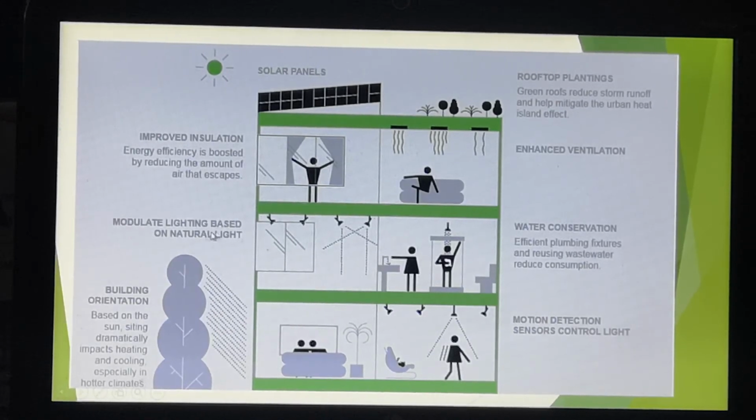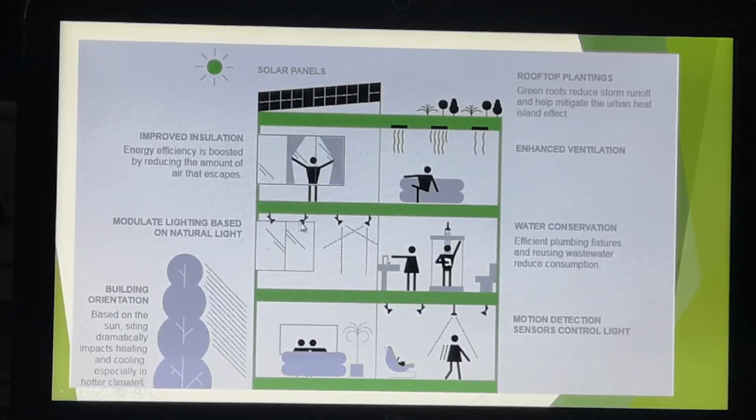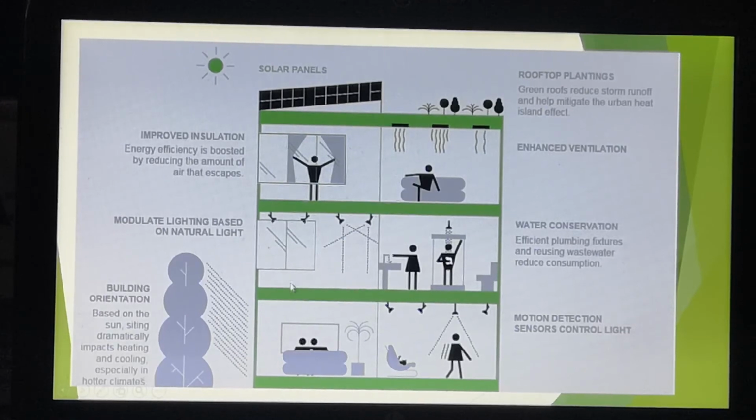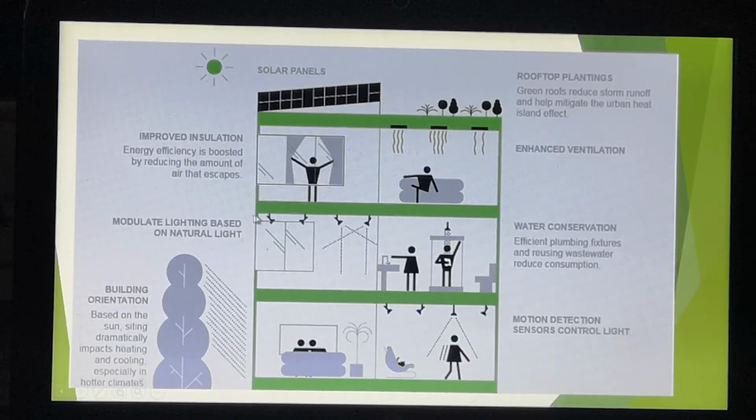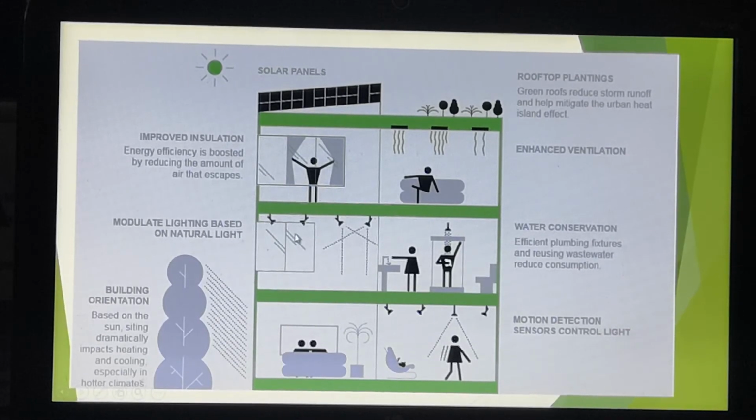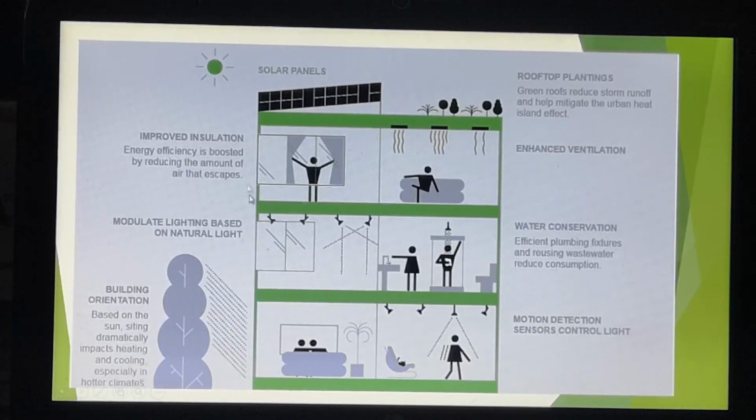Alright, and modular lighting based on natural light. So the building needs lighting, but at the same time maybe we can use natural light from the sun. So the design should not block the sunlight into the building, so we can minimize the consumption of electrical energy from using a spotlight or lamp or whatever lighting inside the building, right?